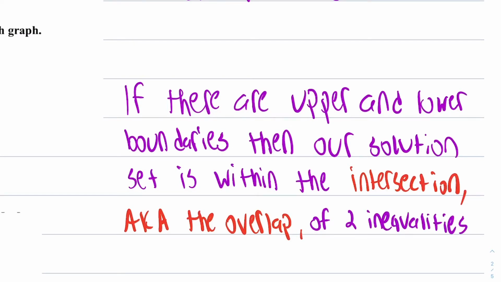If there are both upper and lower boundaries, then our solution set is within the intersection, which is the same thing as just the overlap of those two inequalities. So if the two inequalities overlap, we call it the intersection.